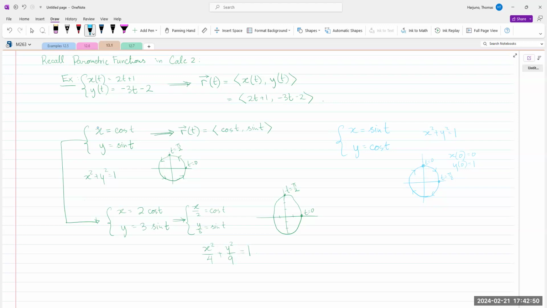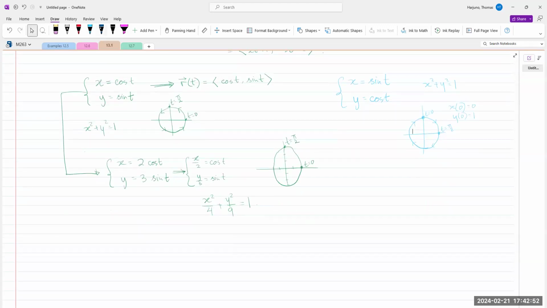Now, what happens in 3 dimensions in Calc 3? We have a parametric function in mind, written in vector form.